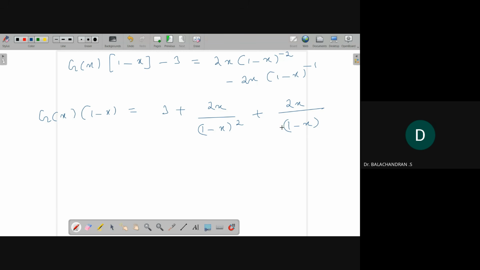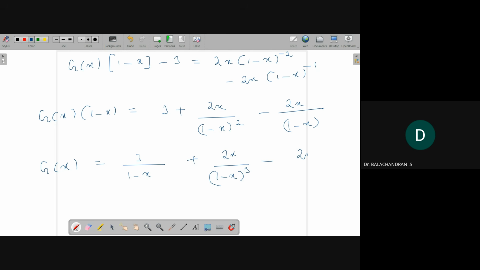Okay. What is g of x now? So 3 by 1 minus x plus 2x by, I think here it should be minus. It should be minus.